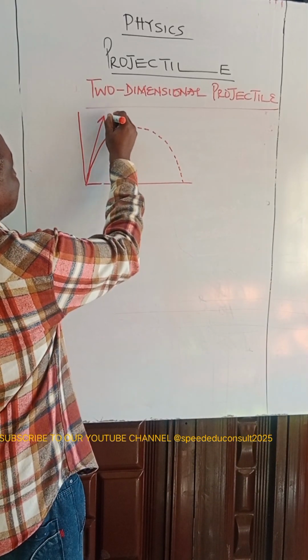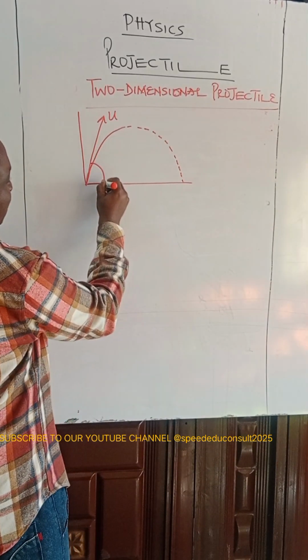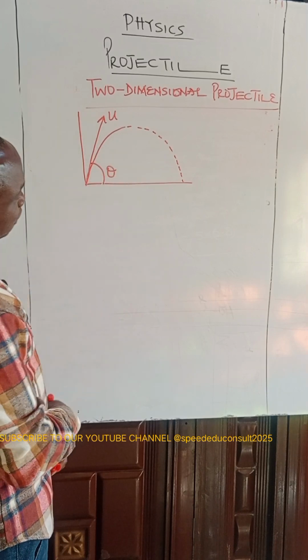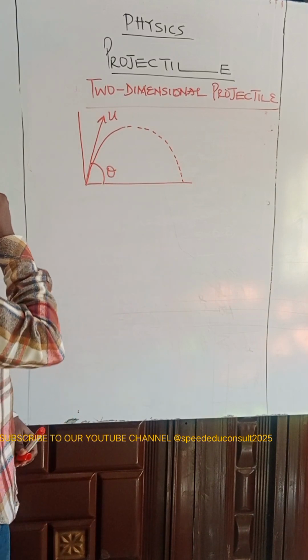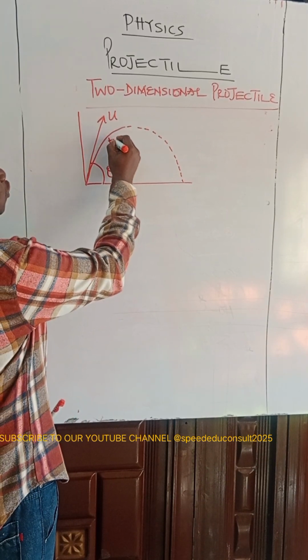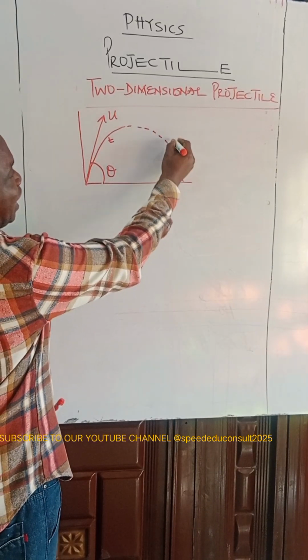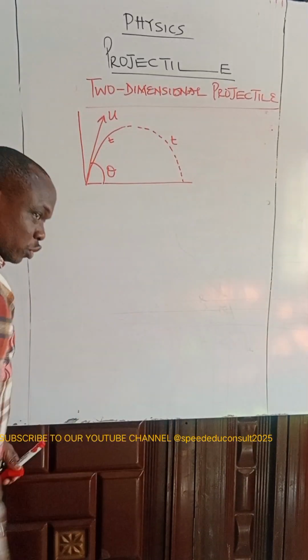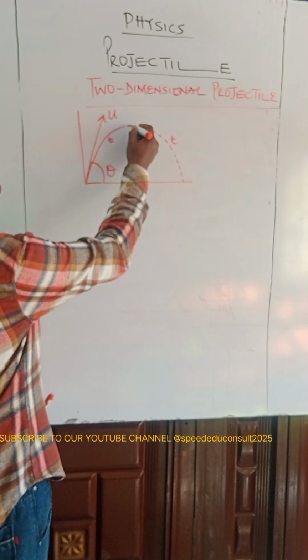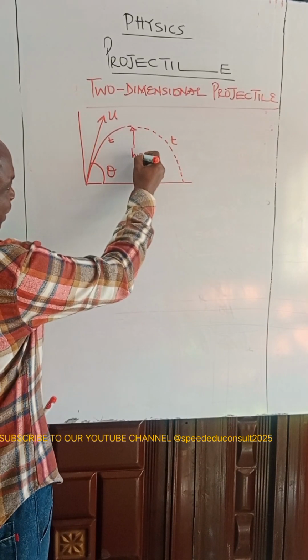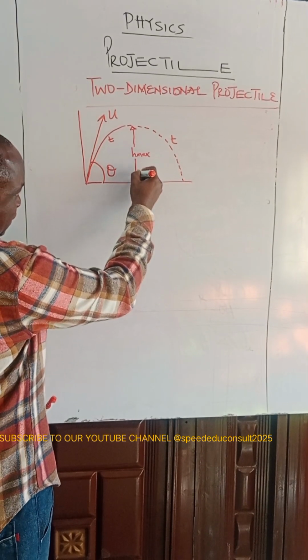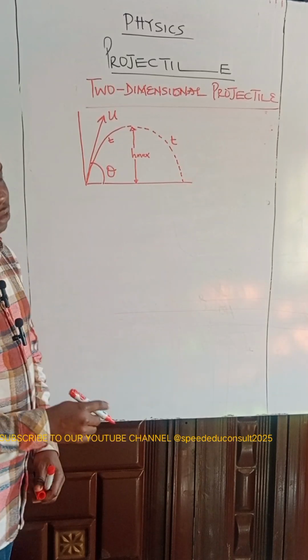The initial velocity is inclined at an angle theta to the horizontal. This is the time taken to reach the maximum height, and this is the time taken to return to the plane of projection. From here to here, we call it the maximum height. That's the maximum height attained.